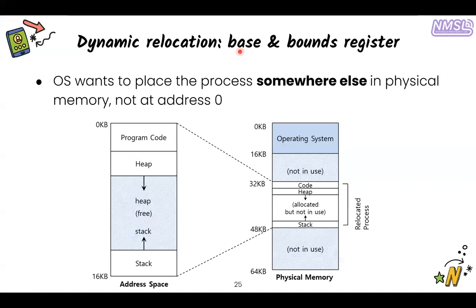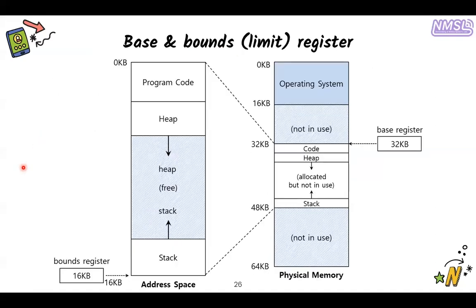So we have a pair of registers, base and bounds. The base register means that in the actual physical memory, this is where it starts. Where is the base? Your 0 in virtual address, in the physical real world, starts at 32.